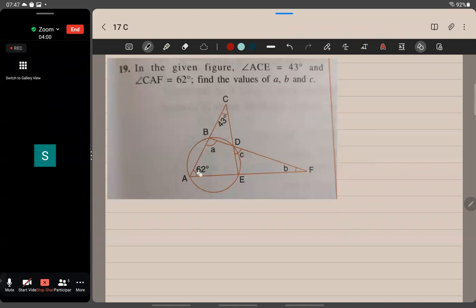Find the value of ABC. Tell me how to find this.